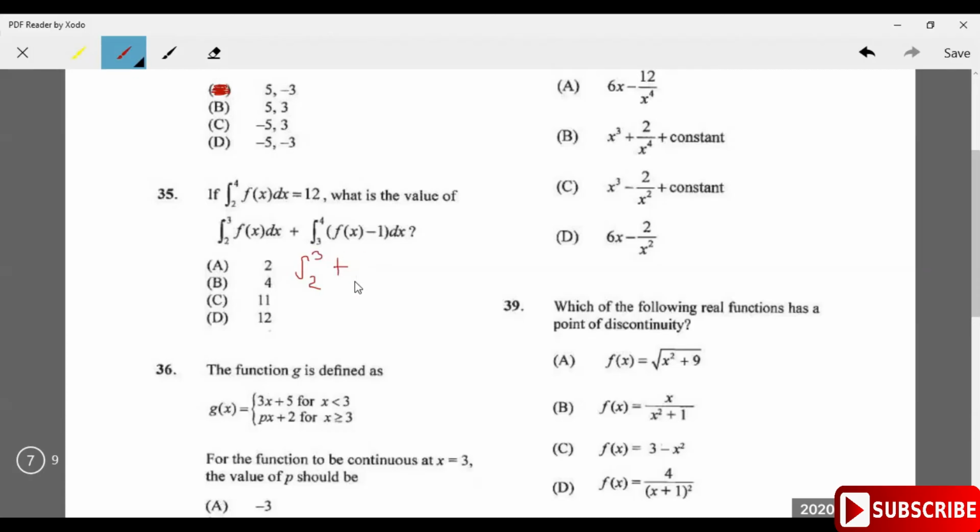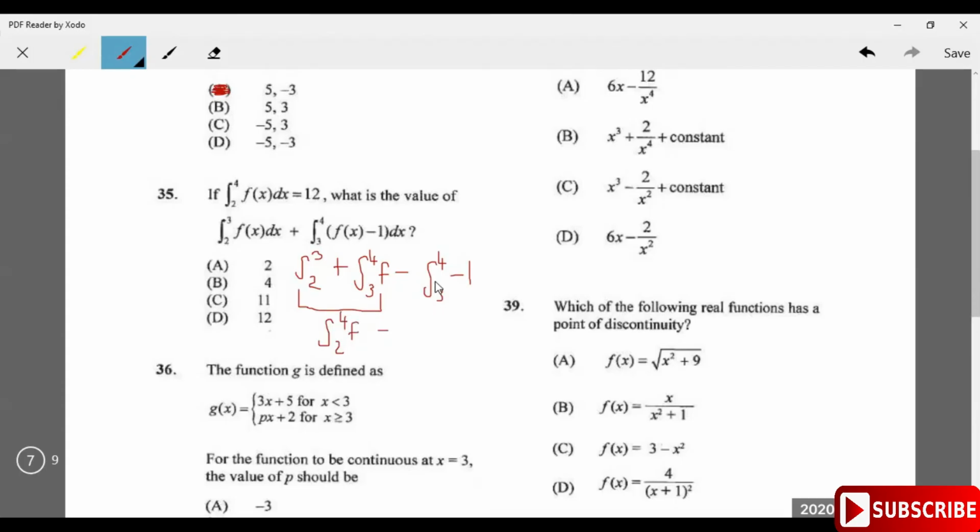Plus, expanding this integral, we get the integral from 3 to 4 of f of x as well. Then continuing, we get minus the integral from 3 to 4 of -1. Now these two parts together are just the integral from 2 to 4 of f of x.